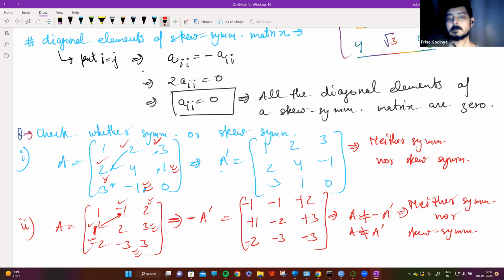So if you are saying that a matrix is skew symmetric, then its diagonal elements must be equal to minus times the same diagonal elements. That is, A11 has to be minus times A11, which is only possible when A11 is 0. So all the diagonal elements must be 0 for a skew symmetric matrix.